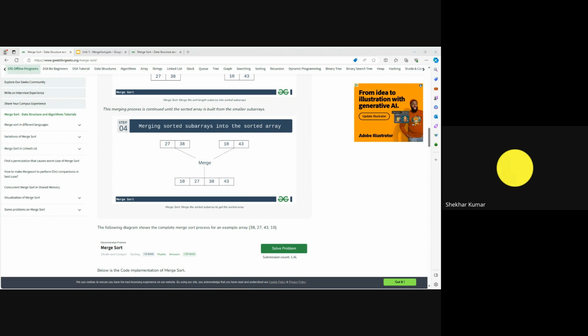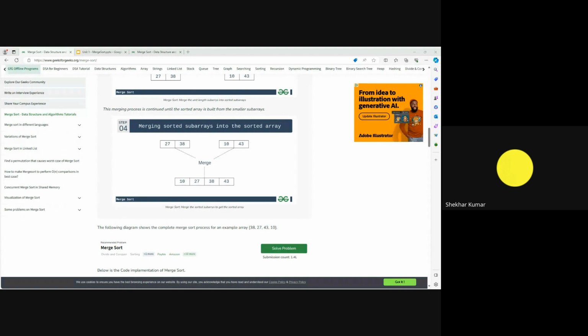This is the divide and conquer approach, in which you have divided the problem on the basis of your middle element into two equal halves. You have divided these until the problems become minimum. Minimum means after that it is not possible to divide that problem.